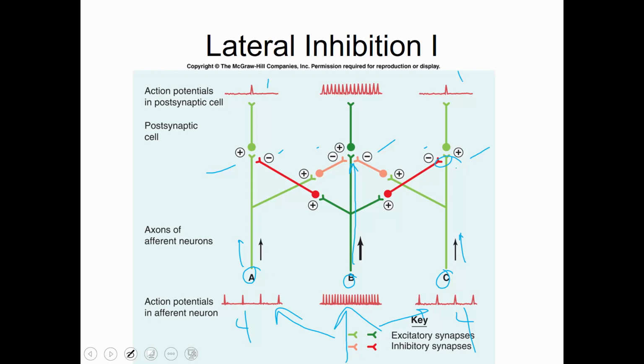In the middle, this one's also being inhibited. But this inhibition is less because the original stimulation on the lateral ones is less as well. So we started out with 20, and now we have 2, 4, 6, 8, 10, 12, 14, 16 maybe, okay?